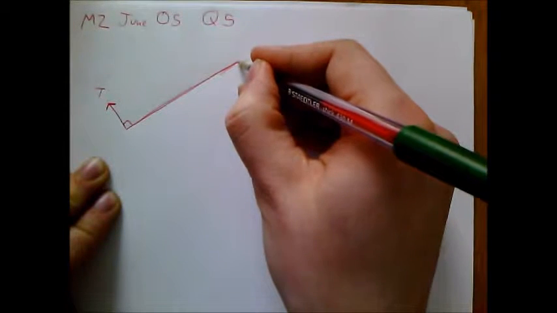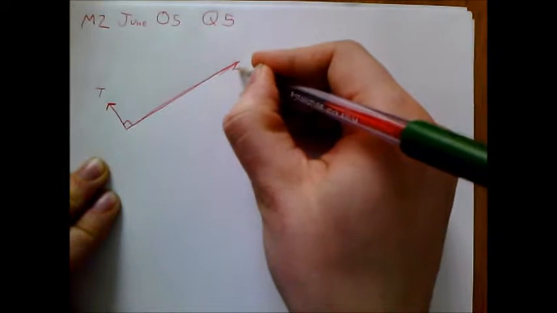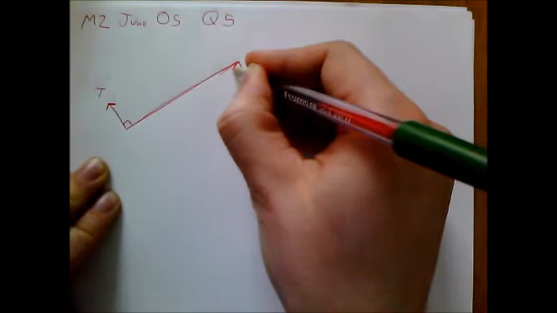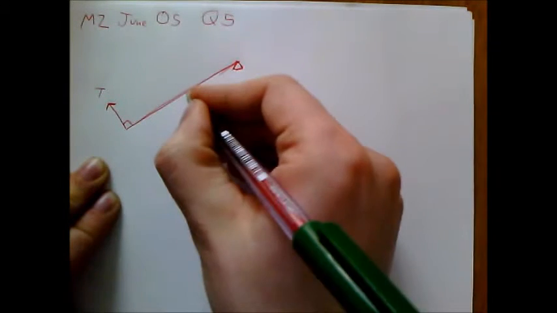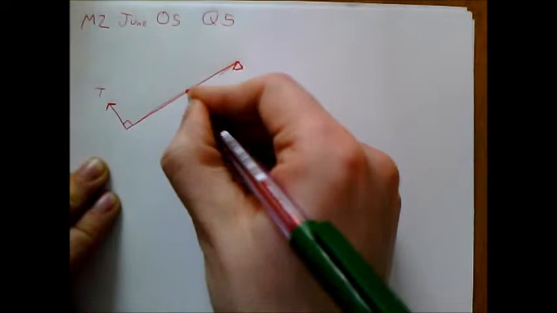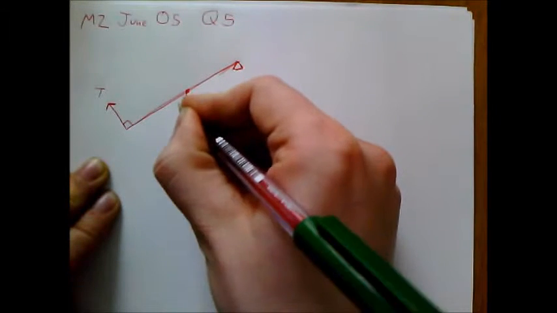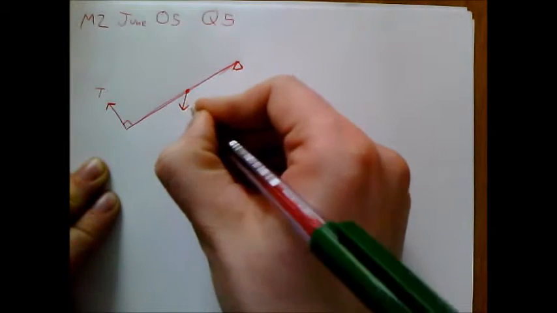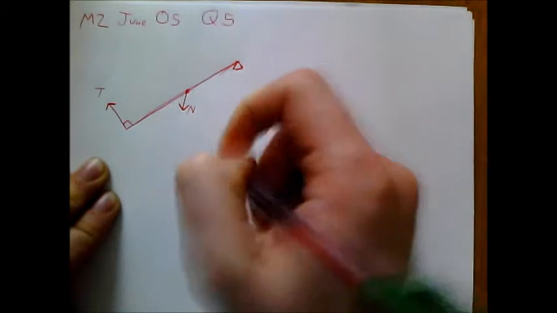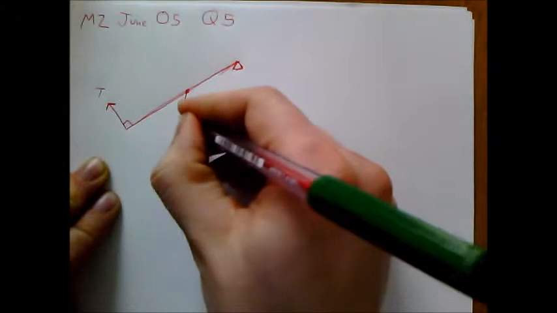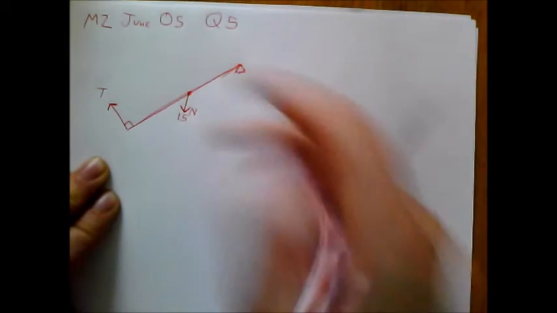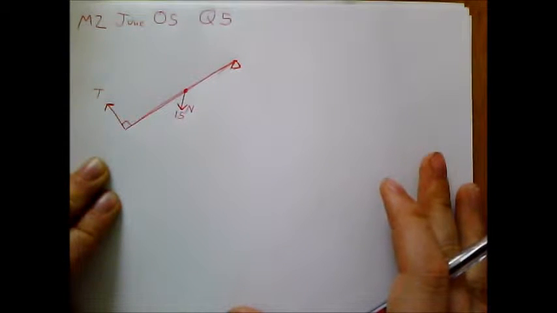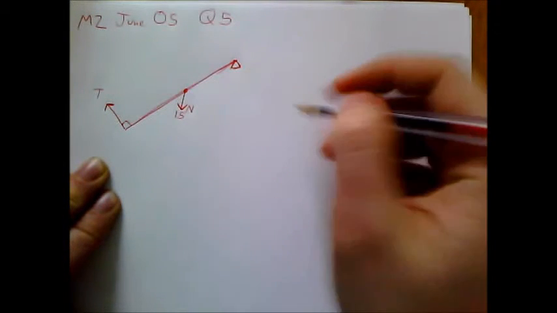And then I've got a fixed point here, A, so there's a pivot point here, and I know that the weight of this is 15 newtons. So that's meant to be straight down. It looks a little bit skewed on the camera for some reason.